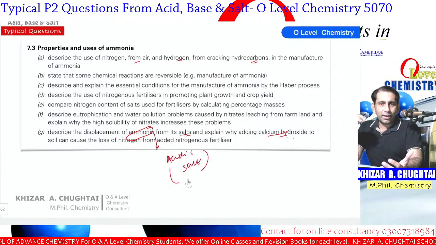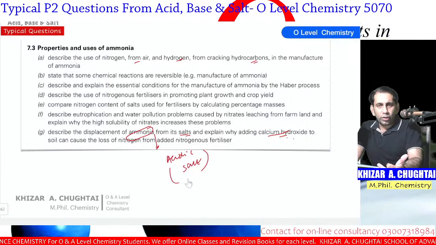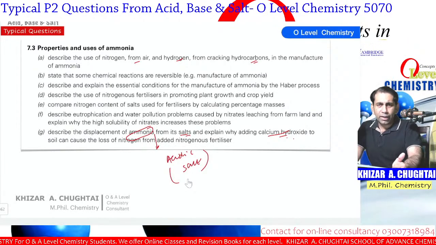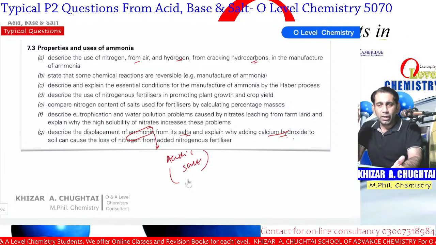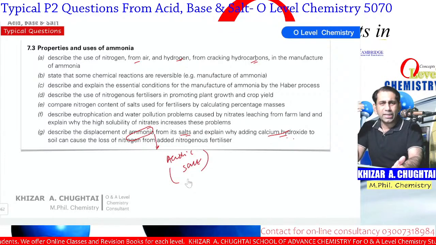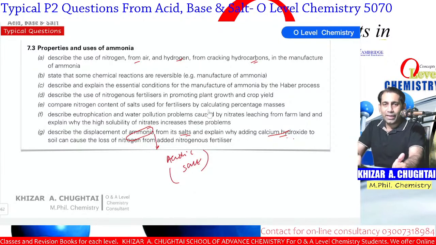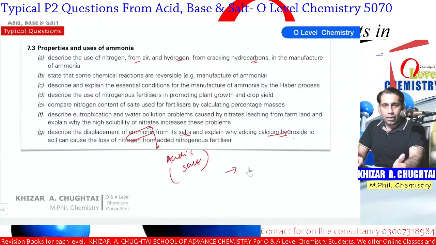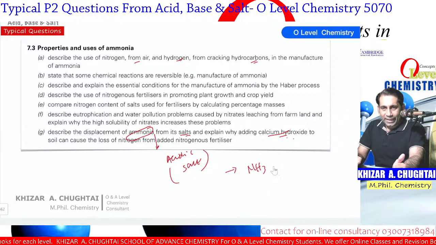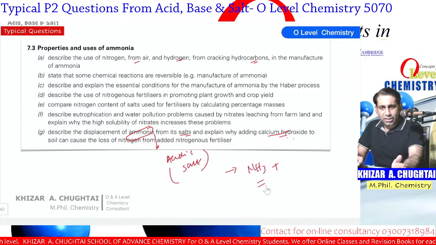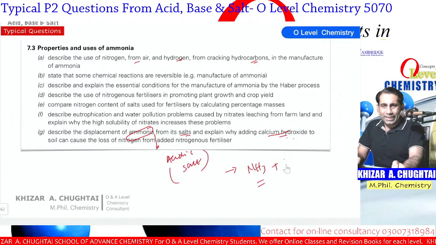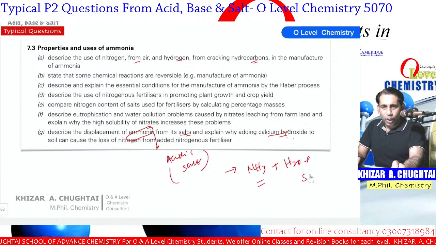So they happily react with calcium hydroxide, calcium oxide, sodium hydroxide, any sort of base, especially hydroxide and oxide. Ammonia gas is formed as a product. One substance formed is ammonia, the second is H2O, and the third compound formed is the salt.